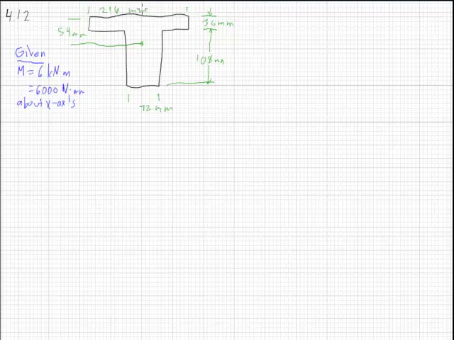Okay, so we'll draw in our x and y axes here. Here's our y, here's our x-axis. Now let's see what we were trying to find. We were trying to find the force on the top flange.